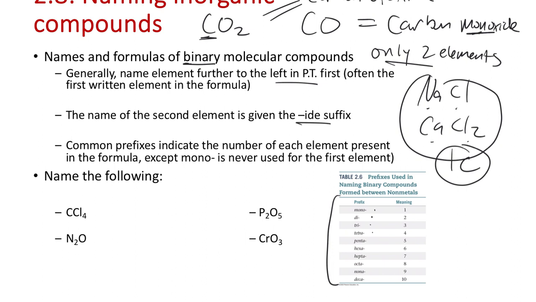And so if we look at CCl4 with this system, very simple, right? It's just carbon. And then there's 4 of the next element, so it's tetra. And then it's chlorine, but we change it to ide, so it'd be tetrachloride.